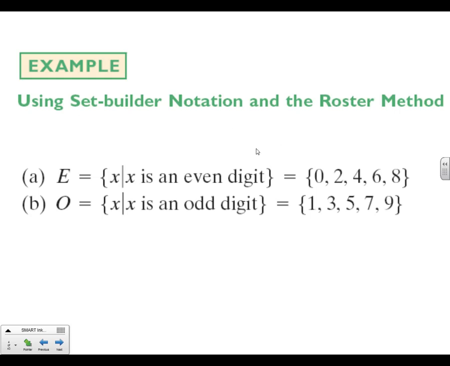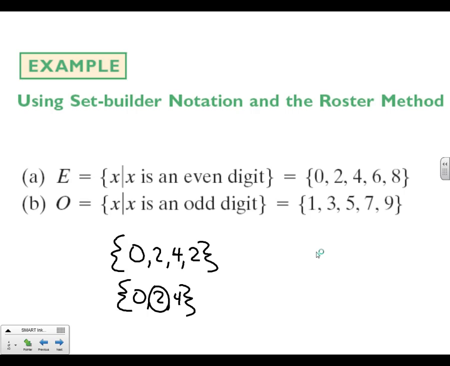We don't talk about it a lot other than to say this: if I have the set 0, 2, 4, 2, we don't need to write that second 2. That's the exact same thing as writing 0, 2, and 4. 2 is in the set no matter how many times you repeat it.